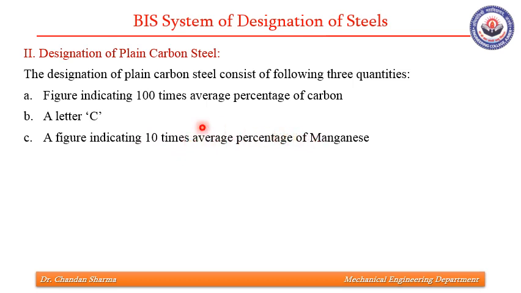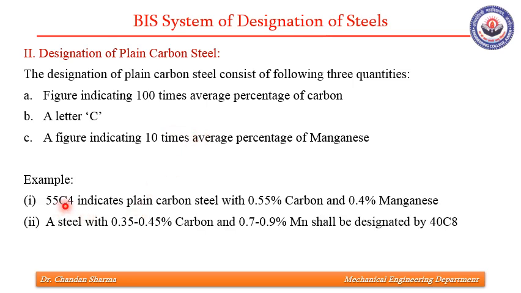Means a plain carbon steel will have a certain percentage of carbon and a certain percentage of manganese. For example, if the designation is 55C4, that means this 55 divided by the factor 100 will be the percentage of carbon, and this 4 divided by 10 will be the percentage of manganese. So this 55C4 will indicate a plain carbon steel with 0.55% carbon and 0.4% manganese.